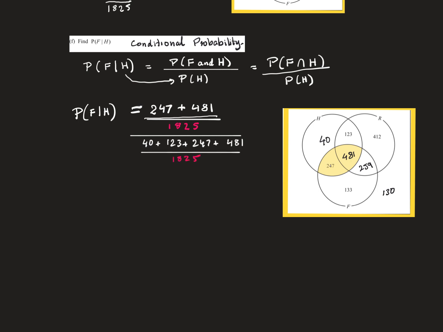Now you note that because we've got 1825, that will cancel out with that. So we only have 247 and 481, which will be 728. And divided by everything, 40, 123, 247 and 481, and that all adds up to 891, and that's our answer. And you get 2 points for this because you also needed the rule for conditional probability up here.